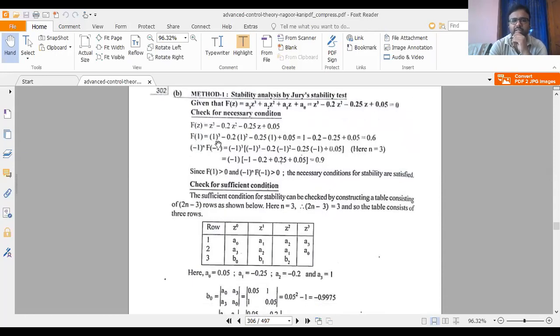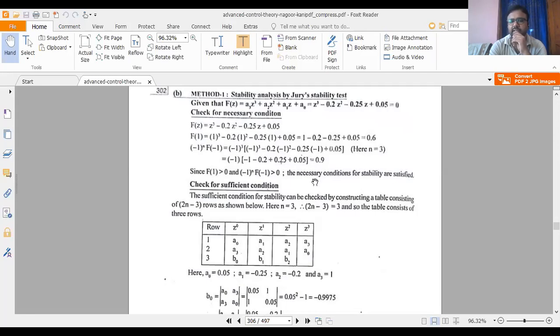So f of 1 is equal to 1 cube minus 0.2 minus 0.25 plus 0.05. The value is 0.6, so it is greater than 0. So the first condition is satisfied, and f of minus 1, we are going to get that value as minus 0.9.